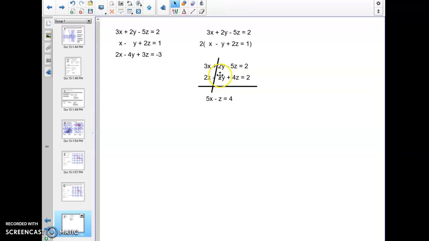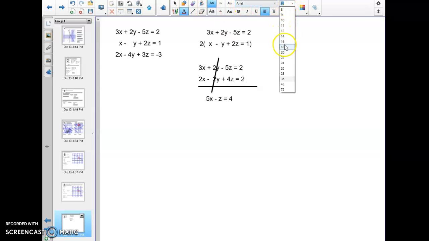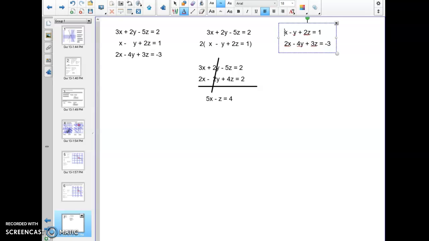So now I'm going to do x minus y plus 2z equals 1. And below that we have 2x minus 4y plus 3z equals a negative 3.